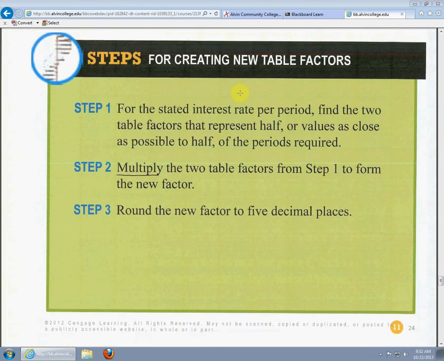For the stated interest rate per period, we find the 2 table factors that represent values as close as possible to half of the periods required. Then we multiply those 2 table factors together to get a new factor, and we round to 5 places, so it's exactly the same thing.